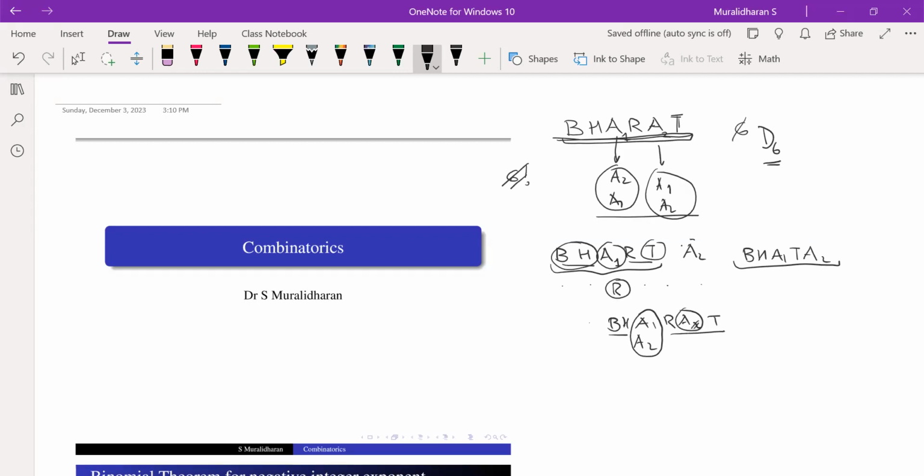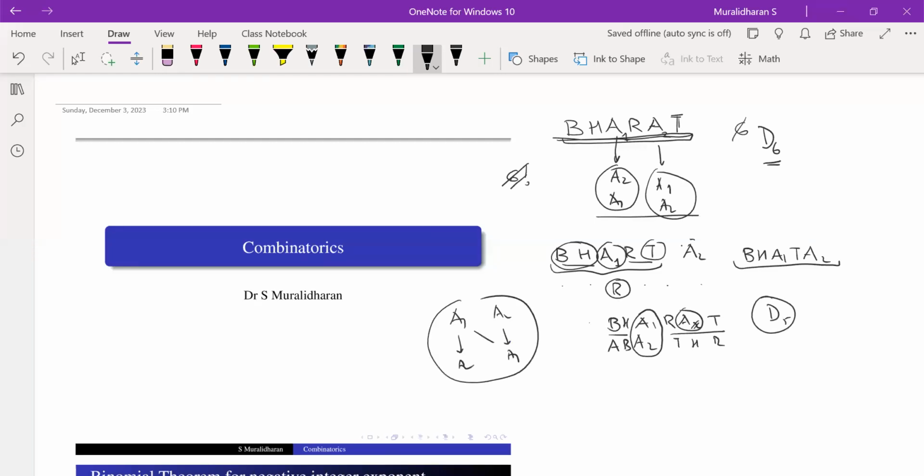This A will not go to A itself if I consider it as D5. So in none of those D5 arrangements will A be mapped to itself. That means this does not count A1 going to A2 and A2 going to A1.